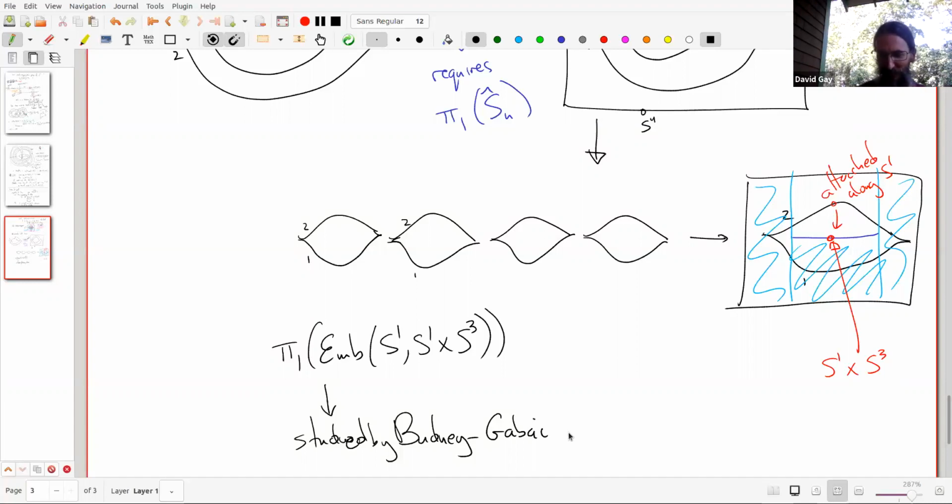So Budney and Gabai give explicit generating loops of S1s in S1 cross S3, and when you do surgery, you turn those into Montesinos twists. So I've got to stop, and that was too fast at the end, but maybe it gave you some idea of what happened.